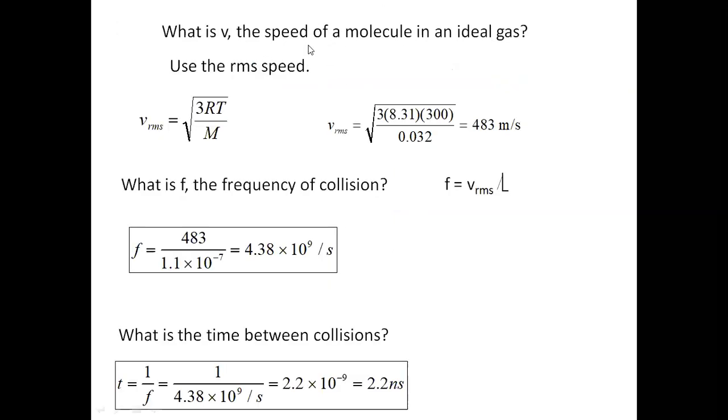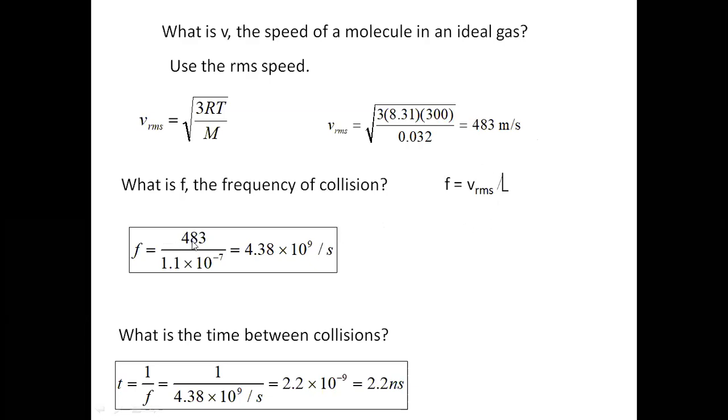Okay, what is v, the velocity? For the speed of a molecule in an ideal gas, we use the RMS speed. So v_RMS equals the square root of 3RT over M, which equals 483 meters per second. What is the frequency of collision? The frequency equals v_RMS over lambda.